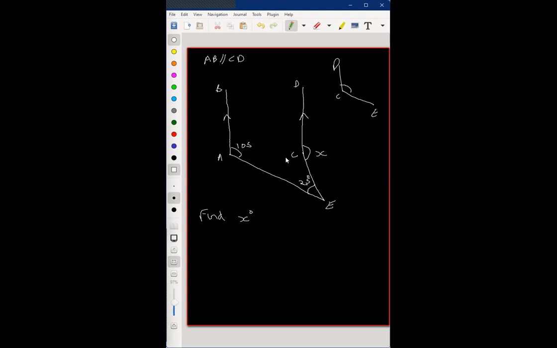Sir, E is 25 degrees, right? E is 25 degrees. Okay, sir. Thank you. And this one, angle A, is 105 degrees. We need to find angle X here. We will be discussing this tomorrow, everyone.